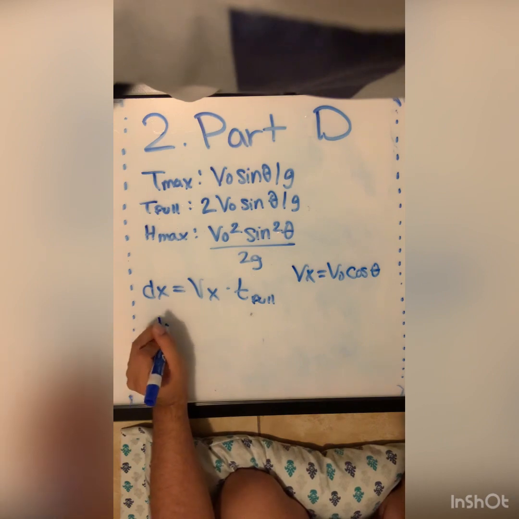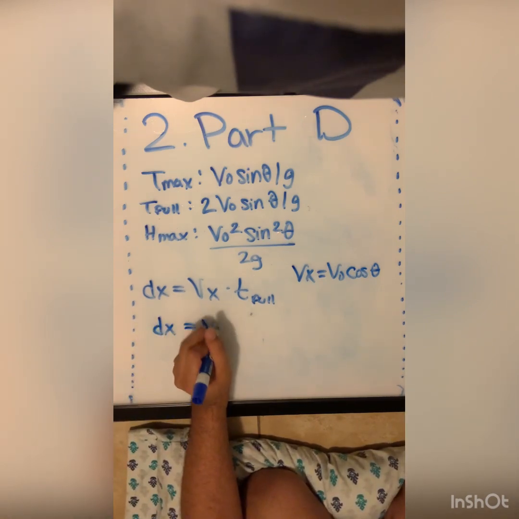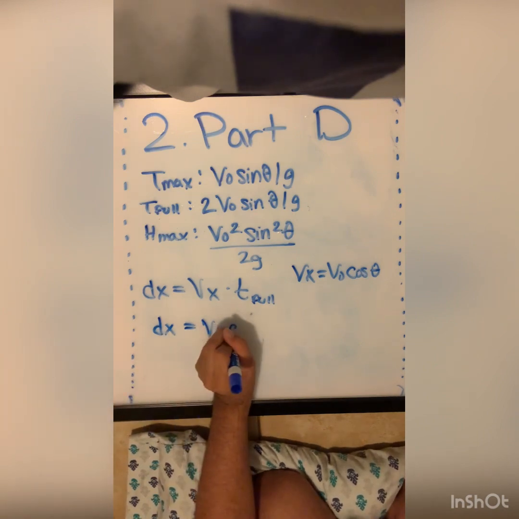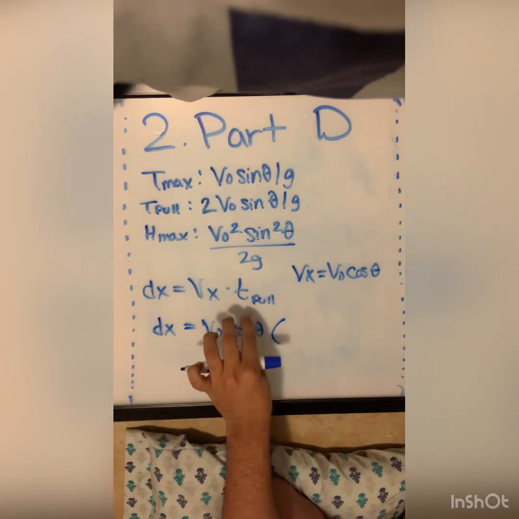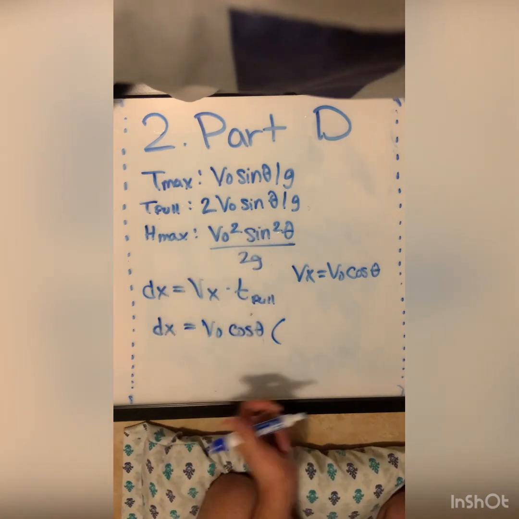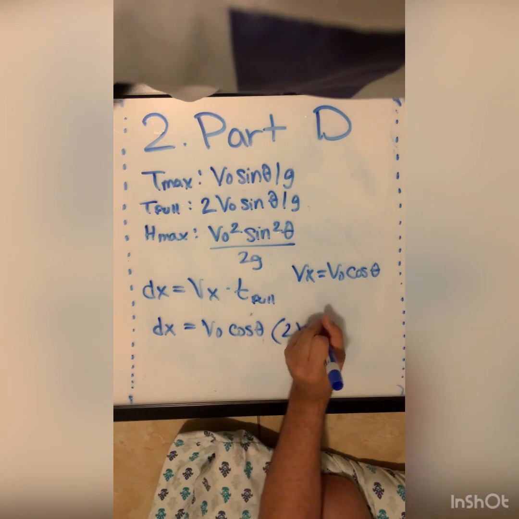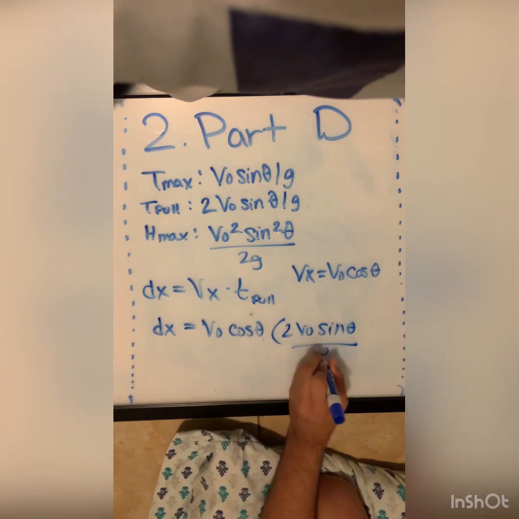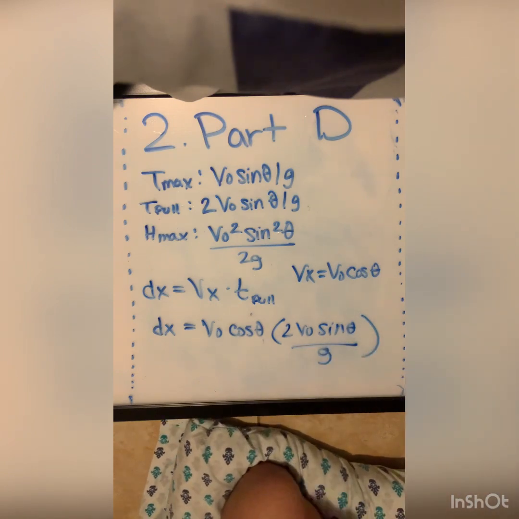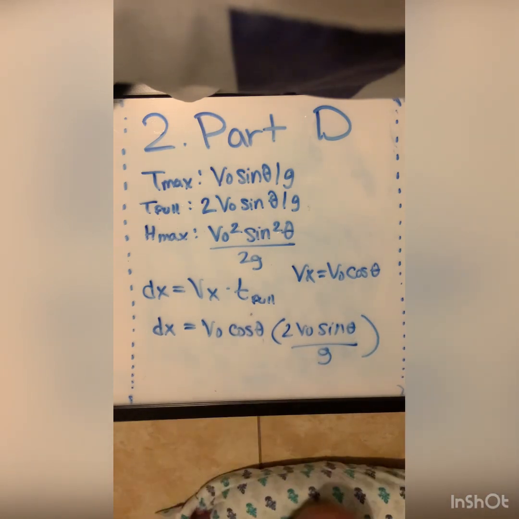So we would get velocity times cosine times the full time. Now we're going to simplify this and we should get our answer.